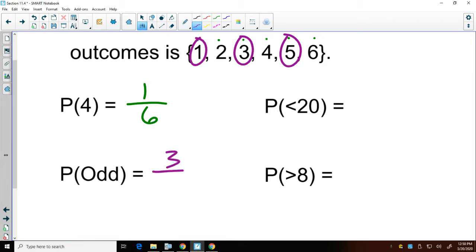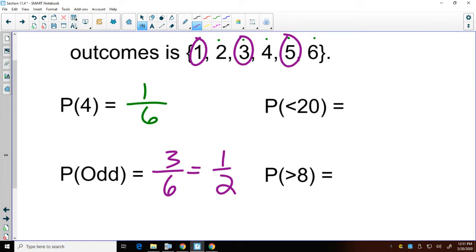So our top number is 3. Out of how many different outcomes? There are 6 again. The bottom number on these should be 6 because that's the total number of outcomes. Now, 3/6 does reduce to 1/2. That's what My Math Lab would want, the 1/2. Okay?